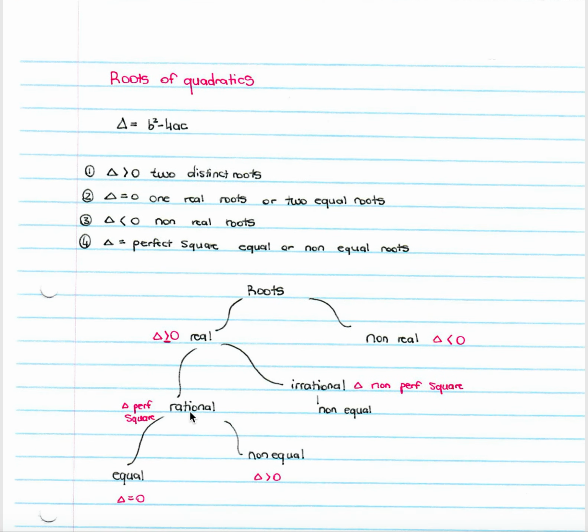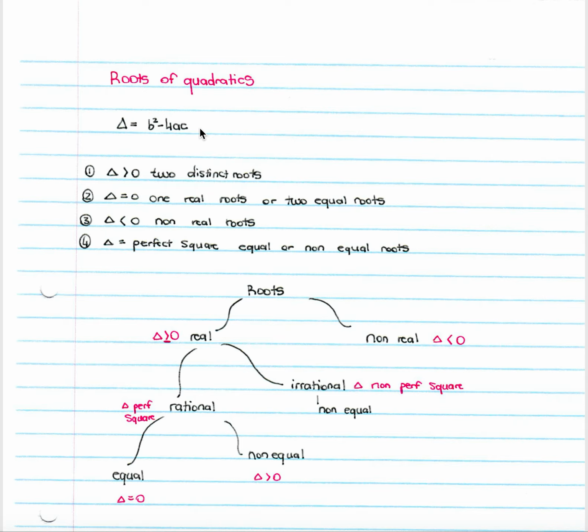Now when we look at roots of quadratics, delta, which is b squared minus 4ac, tells you a lot about the roots of your quadratic equation. You can calculate it for any quadratic equation using those values. If delta is greater than 0, the quadratic equation has two distinct roots.